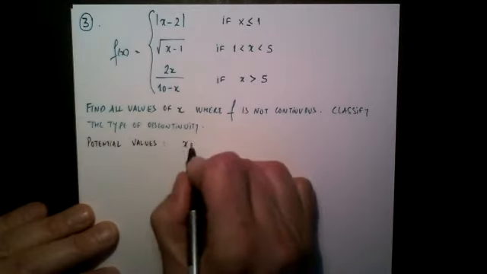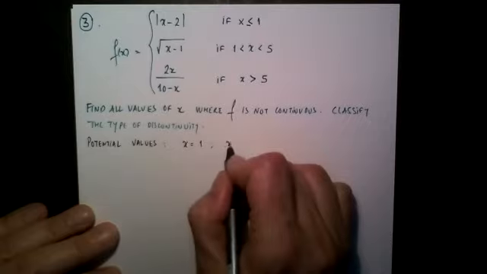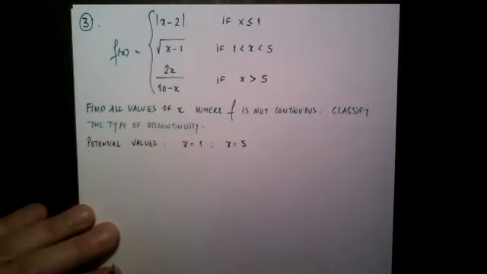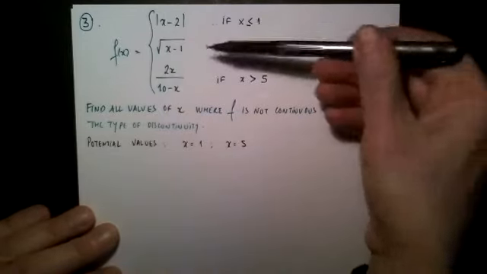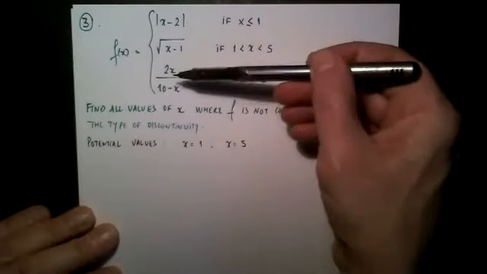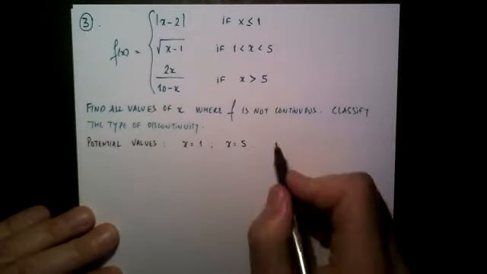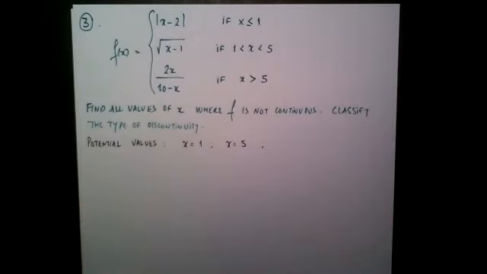It will be x equals what? 1 or x equals 5. Very good, because at 1 these two functions connect, and at 5 these two functions connect. Do you have another value that we should watch? 10. Very good.